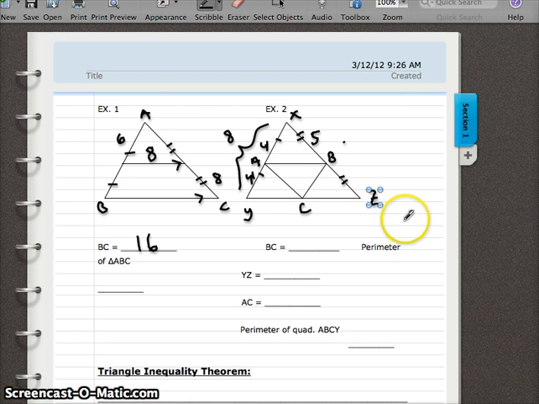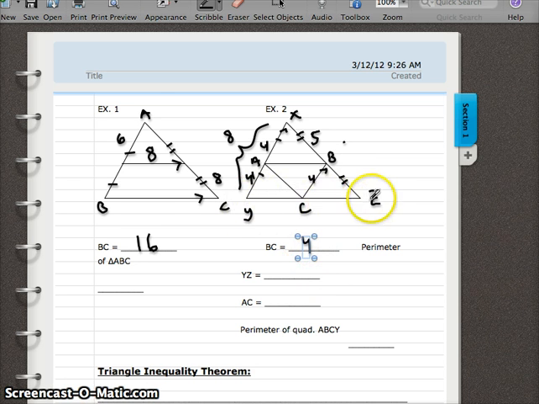Now we can solve for some things here. We can solve for BC. So this line right here, if we know it's parallel to the outer edge, then we know it's going to be half of this. Well, if the total is 8, then half of it must be 4. So BC is 4. Let's solve for YZ.